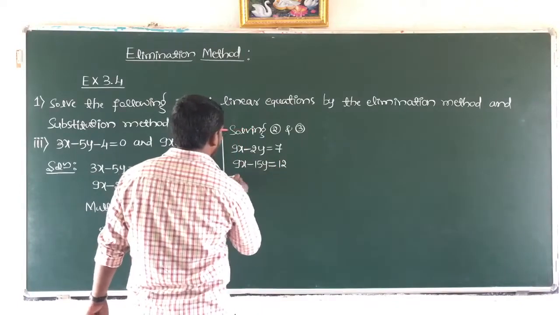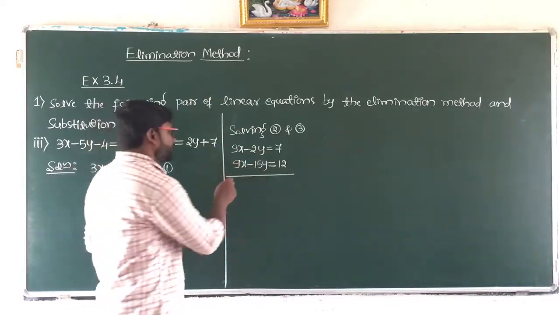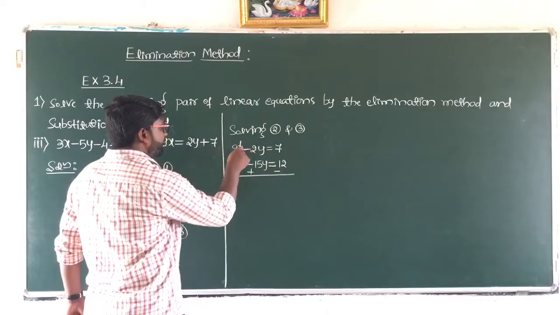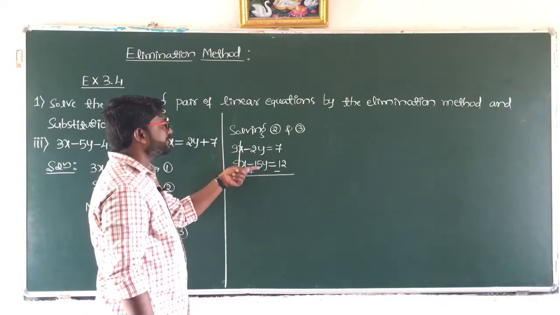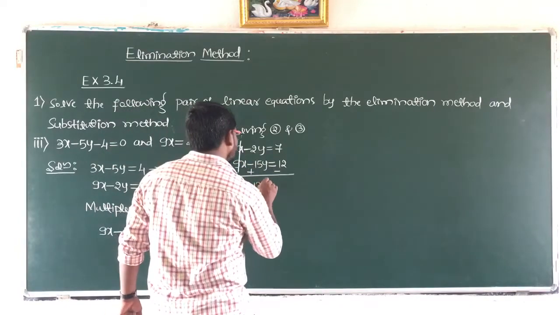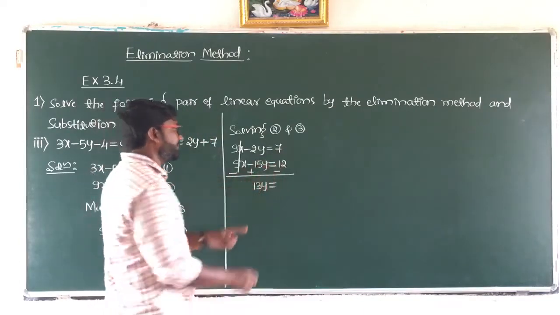So now here we have to change the signs. So minus, plus, minus. So plus 9x minus 9x get cancels. Then minus 2y plus 15y will be 13y, which is equals to 7 minus 12 will be minus 5.